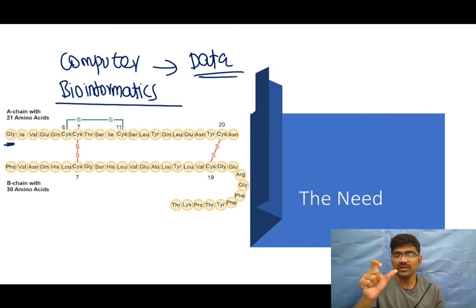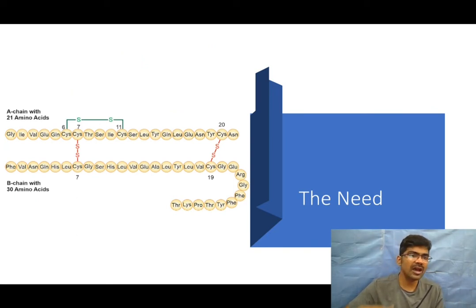Here they input the data, so you cannot just put the complete name. It's going to occupy more space in the computer, or the cloud server. Okay, so now you know the need of three letter and one letter code.